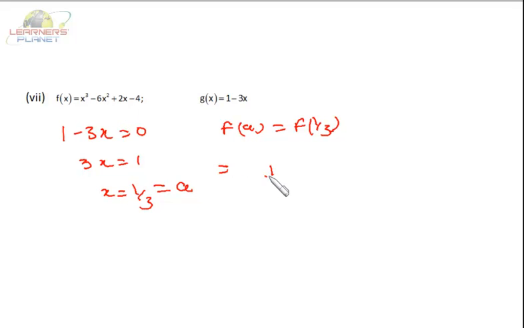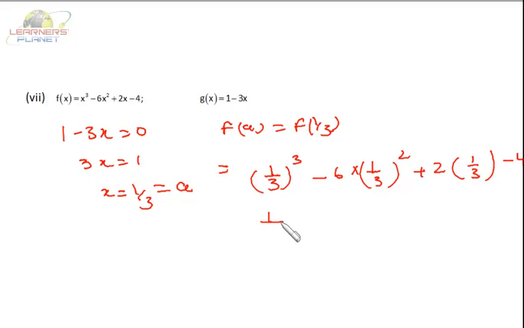So let's put the value of x as 1 by 3 in this expression. So it's 1 by 3 cube minus 6 into 1 by 3 square plus 2 into 1 by 3 minus 4. So it's 1 by 27 minus 6 by 9 plus 2 by 3 minus 4 by 1. Now let's take LCM.